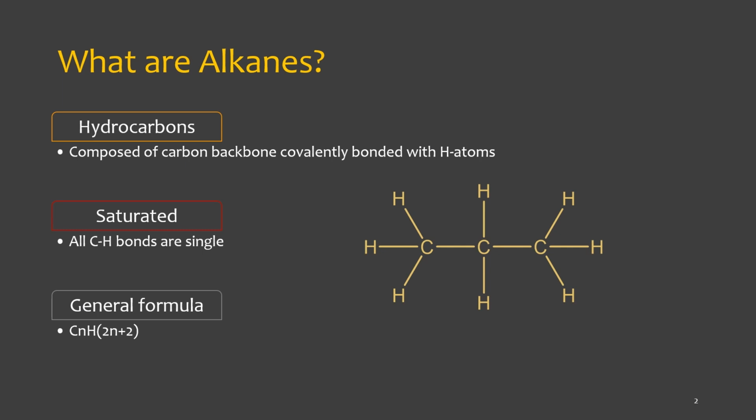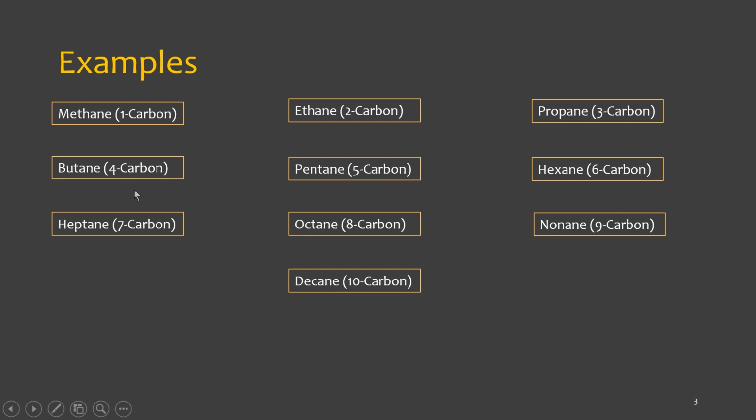C3H8. And this is propane. Some common examples of alkanes are methane, which has 1 carbon, ethane with 2 carbons, propane with 3 carbons, and so on, heptane with 7 carbons, and decane with 10 carbon atoms.